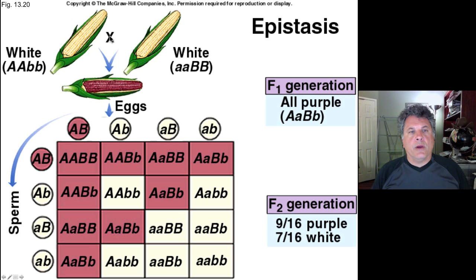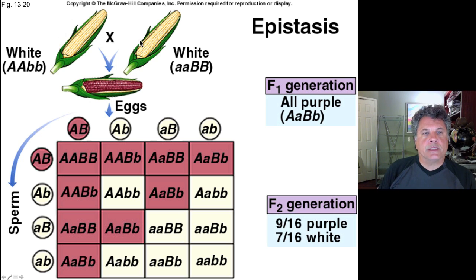So if we cross these two white strains, not knowing what I've already told you, you might expect the F1 to be all white. But in fact, the F1 are all purple. They have purple kernels of corn. And this is because we have heterozygosity now at the A gene and heterozygosity at the B gene. We are big A, little a, and big B, little b.